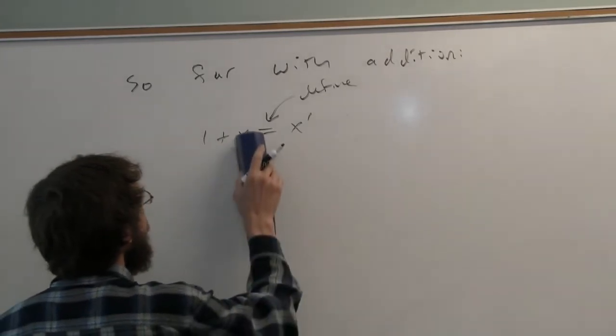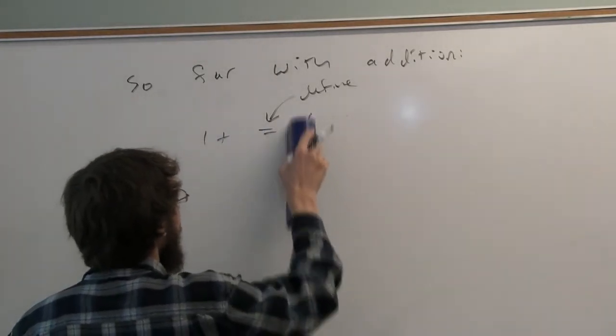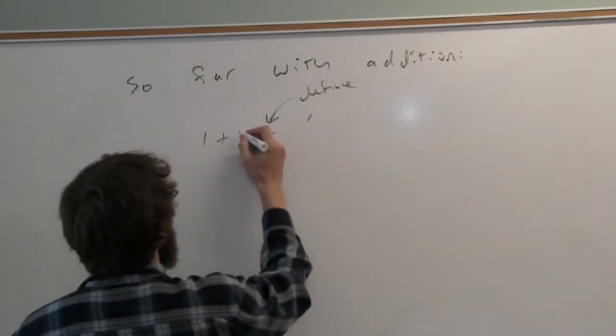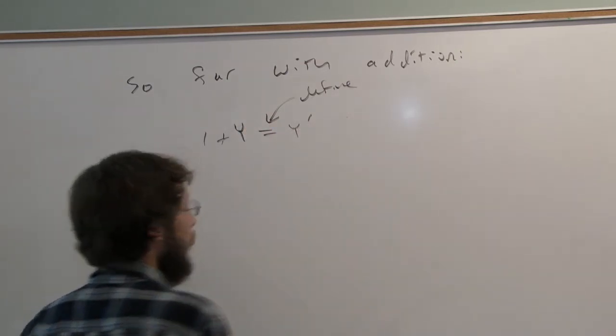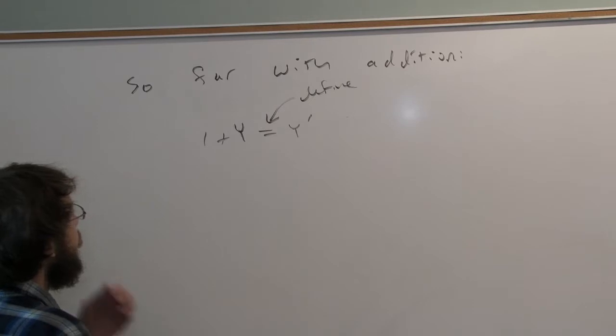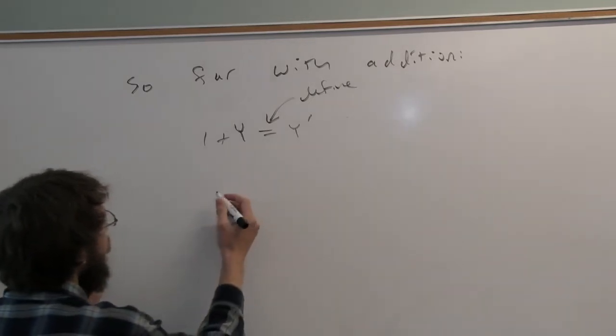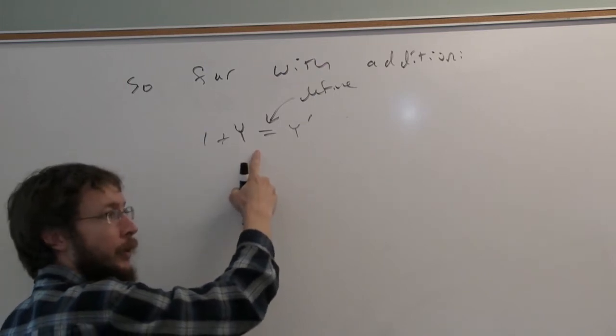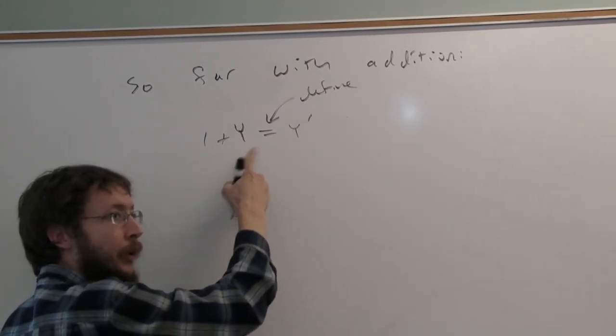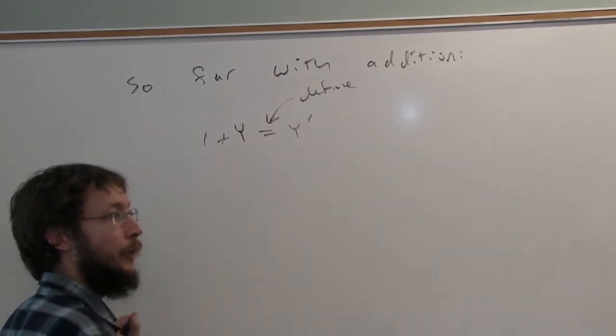I guess, let me just change this to y, just because it'll appear a little more consistent with our next definition. So this is just the case where we've added 1 plus a number. We define that operation to be the successor of the number, okay?